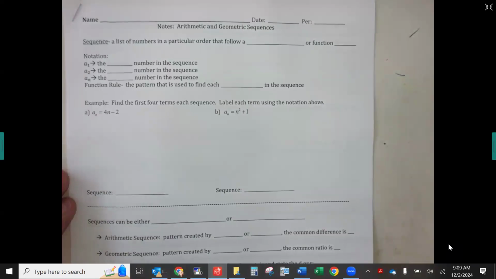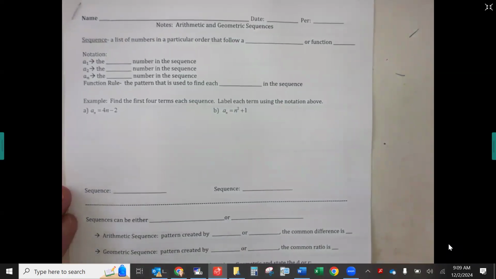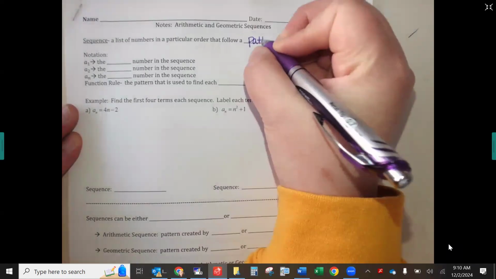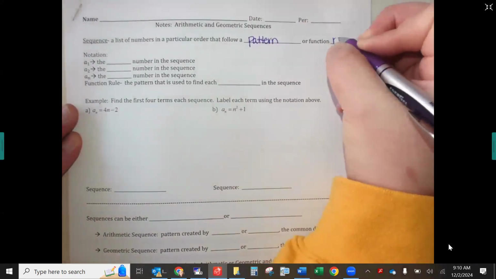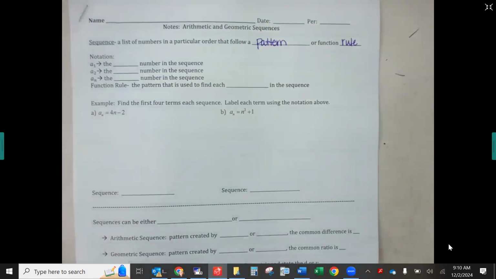So today's notes, especially if you have a calculator, are really not too bad. A sequence is a list of numbers in a particular order that follow a pattern, or sometimes this is called a function rule.